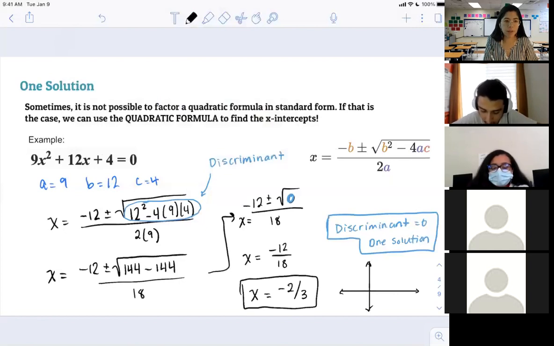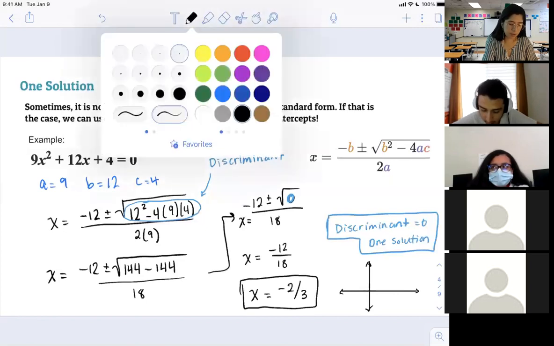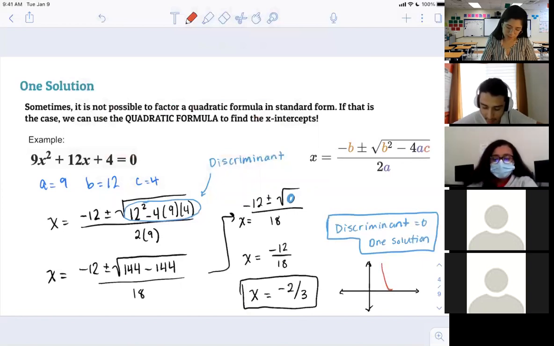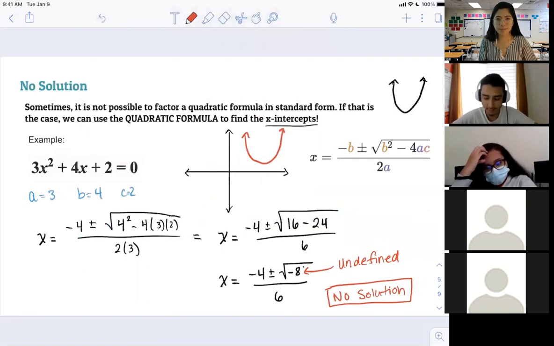And what part of the graph would be touching the x-axis? Would it be the vertex? It has to be the vertex, exactly. So what this means is that the vertex is touching, but nothing else is. So that's one solution. This is no solutions.